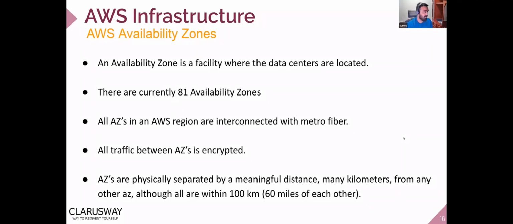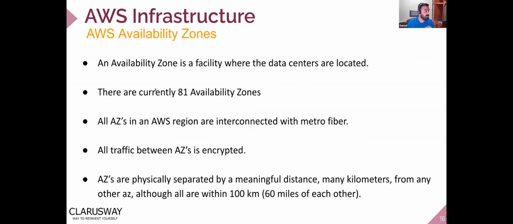Okay, the AWS availability zones infrastructure. As we discussed, we've been going through what an availability zone is, what a region is, numerous times. High availability, how it's been placed, what's the impact of regions on our web services. So an availability zone is a facility where the data centers are located. As we discussed, there are multiple data centers. A cluster of data centers is called an availability zone.